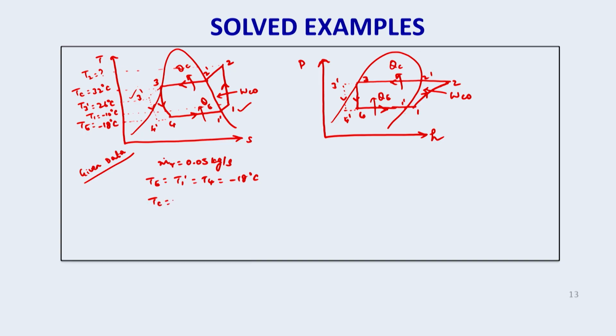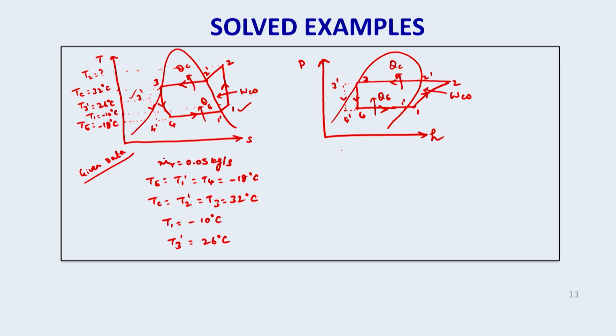Condenser temperature: 2 dash and 3 are the same, all lying on the same isothermal line, 32 degrees centigrade. Temperature at state point 1 is given. T1 is equal to minus 10 degrees centigrade. Similarly, temperature after subcooling is given. T3 dash is equal to 26 degrees centigrade. I think 4 temperatures are given and 1 mass flow rate. Okay, let us solve this problem.